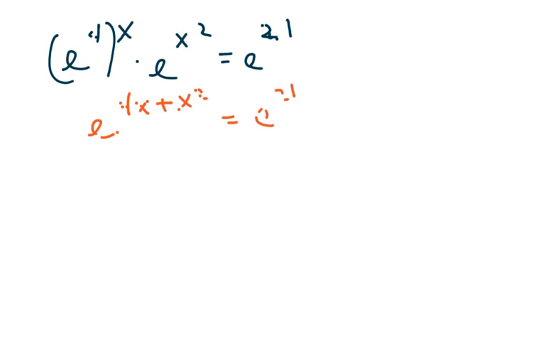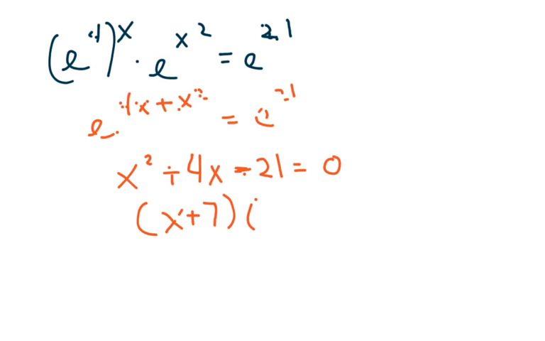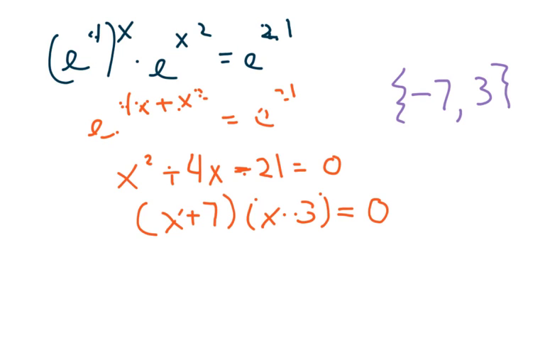So this is going to be x squared plus 4x minus 21 equals 0. So it's going to be x plus 7 times x minus 3 equals 0. So my solution set is negative 7 and 3.